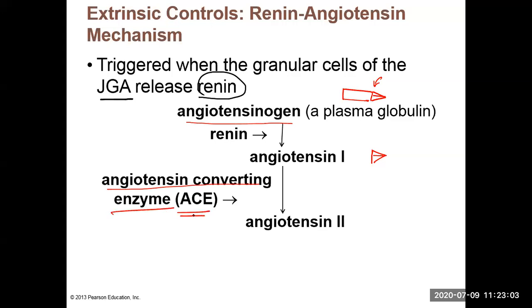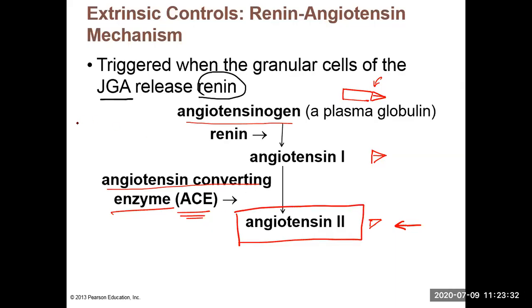Right now, we are looking at it as ACE. ACE is the abbreviation for that. So what's going to happen again is it's going to break this into a smaller one. And again, I did one of the presentations talking about the angiotensin in the coronavirus too. So right over here is angiotensin 2.